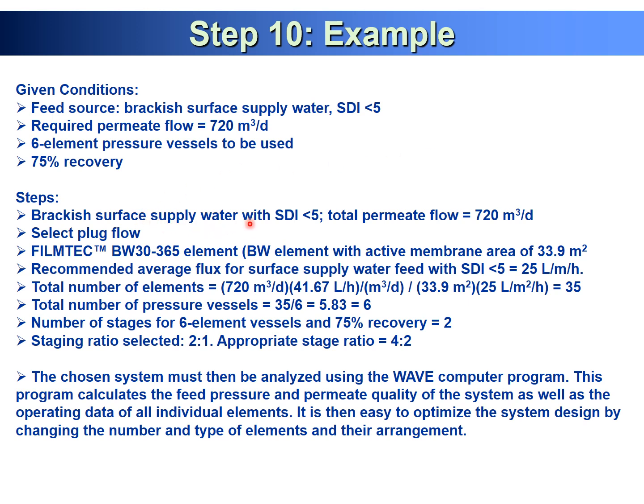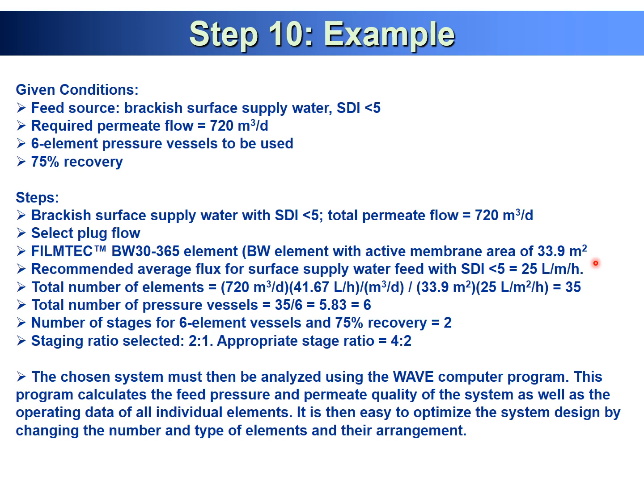So brackish surface water with SDI less than 5, total flow rate 720, and then flux in step 2, and step 3, select the membrane PW 30 element. The PW element has an active area of 33.9 square meters, and the recommended average flux for surface supply water feed with SDI less than 5 is around 25 LMH.